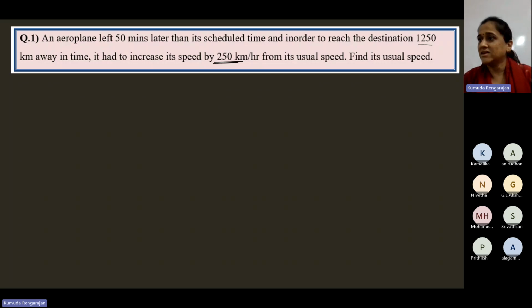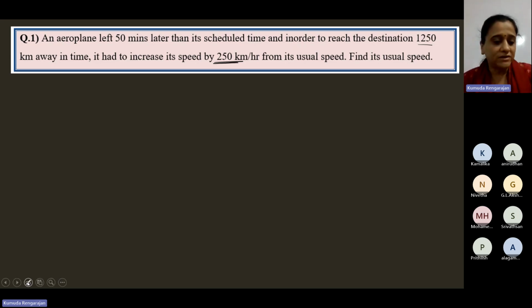So distance is 1,250 kilometers in both the cases. But time, we have original time taken and new time taken, because speeds are different, time taken will be different.